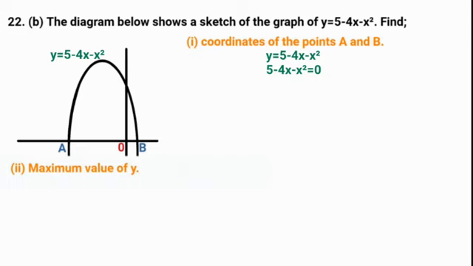Then we're going to express negative 4x as two numbers that give a product of negative 5x squared and a sum of negative 4x.